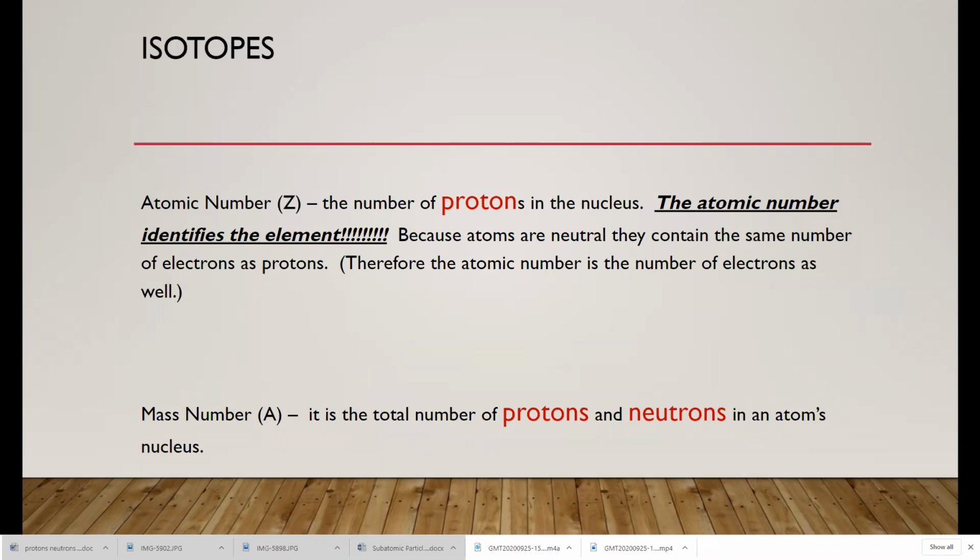So the atomic number Z is the number of protons in the nucleus. And like I said, that identifies the element because it does not change. Because the atoms are neutral, they're going to contain the same number of electrons as they do protons. Mass number, on the other hand, is the total number of protons and neutrons in the atom's nucleus.